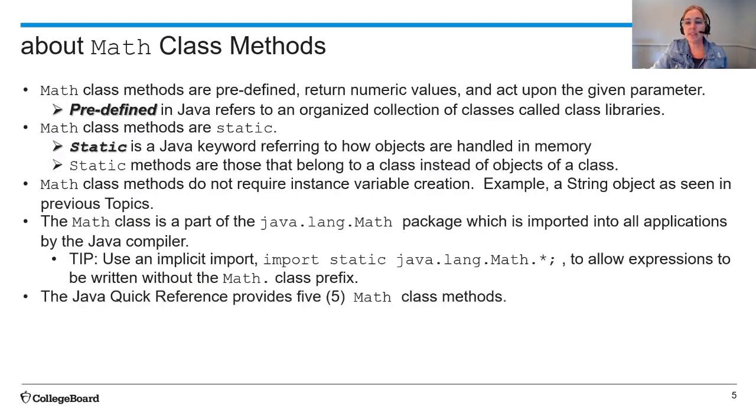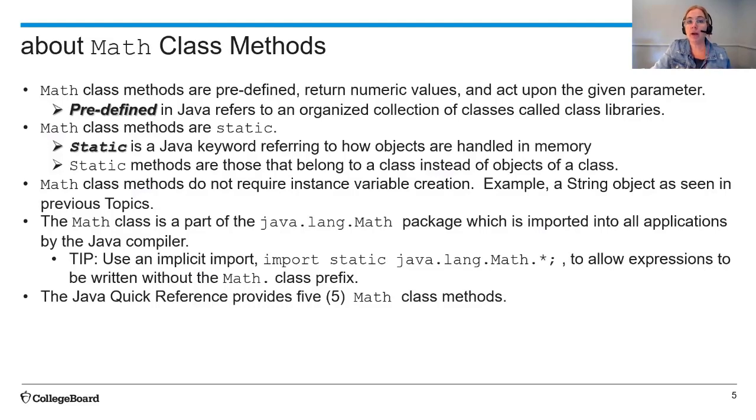Now, my last little tip on this particular slide about Math is that there are 5 Math class methods provided on the Java Quick Reference. As you can imagine, there are many, maybe 100, I don't know, I didn't count, very useful Math class methods provided in the Java library for the Math class. Please go out and do some research and look at all the methods that the Math class has and what it already knows.